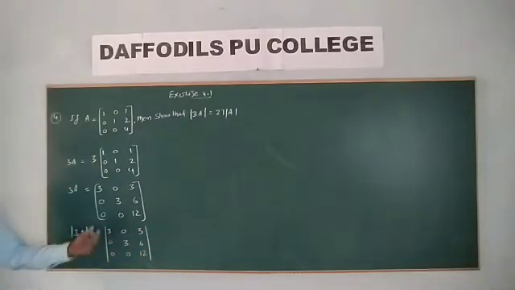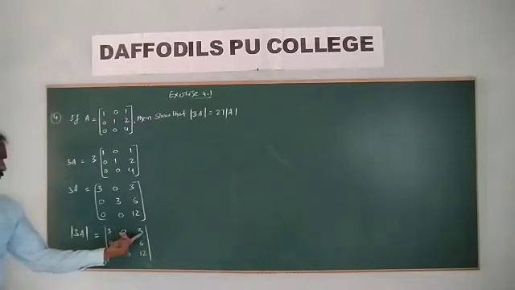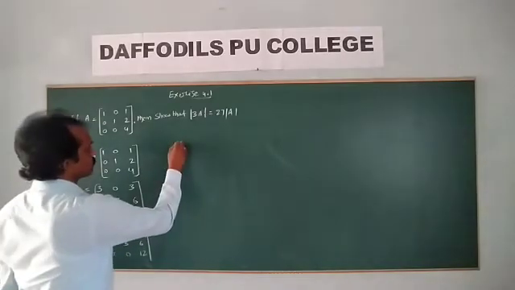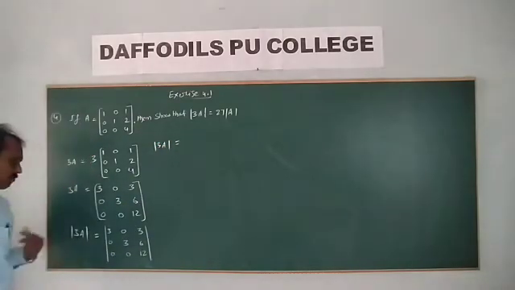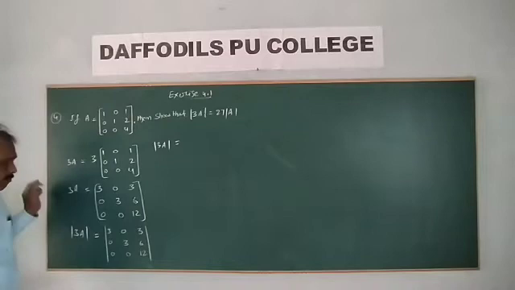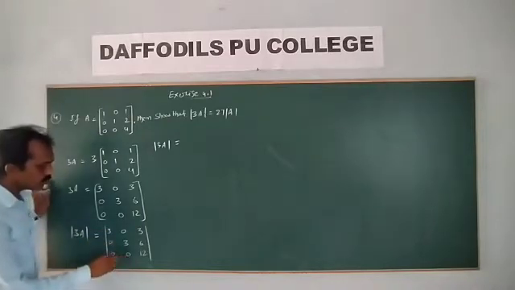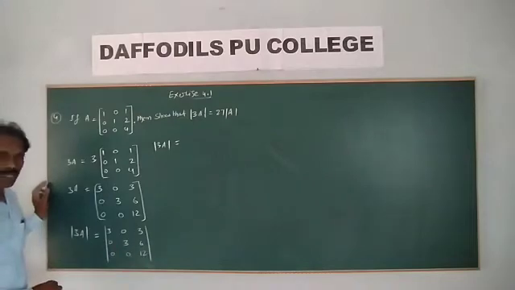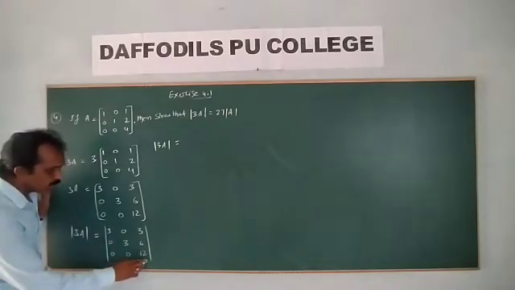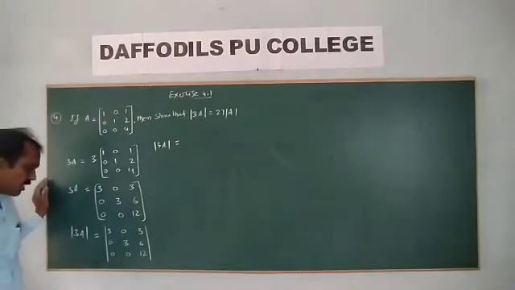Okay, I will take, with respect to the previous example, where we started with respect to R1. For the determinant of 3A, as I said, consider whichever row or column has more zeros, for easy calculation.